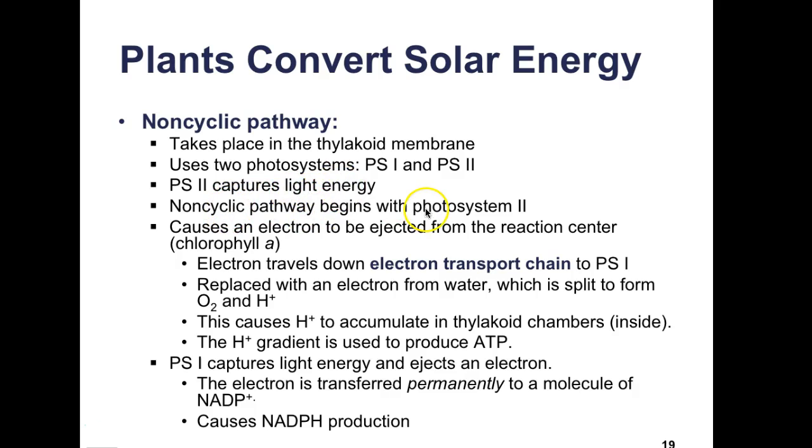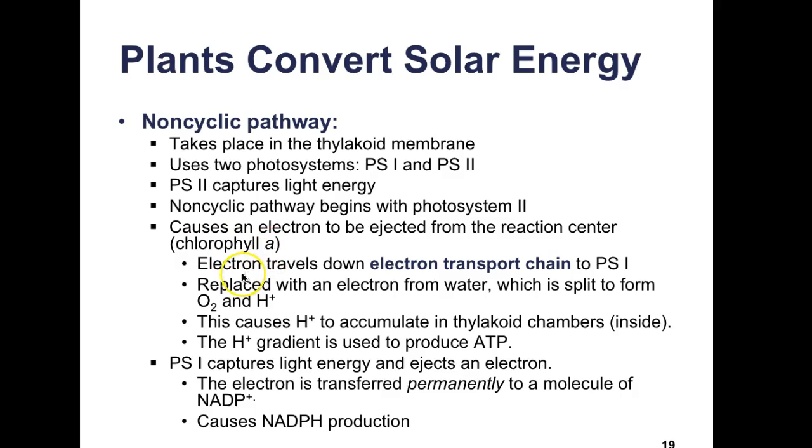The non-cyclic pathway begins with that photosystem, because that photosystem was discovered after photosystem 1, but we realized that it is actually where all the excitement occurs for photosynthesis, at photosystem 2.